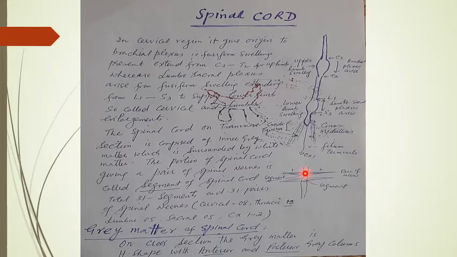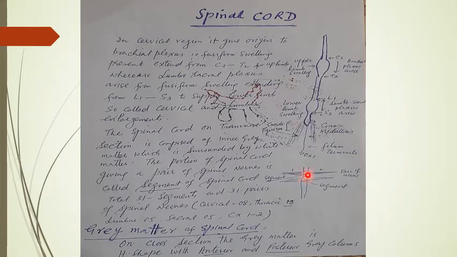Because there are 31 pairs of spinal nerves, the spinal cord itself is divided into 31 segments. There is no definite line over here, but a line is drawn at the junction of the upper nerve rootlets and the lower nerve rootlets, where the upper rootlets and lower rootlets meet.